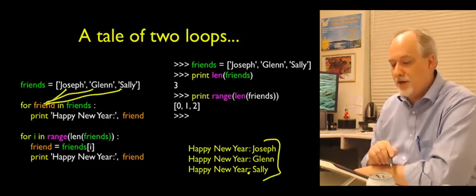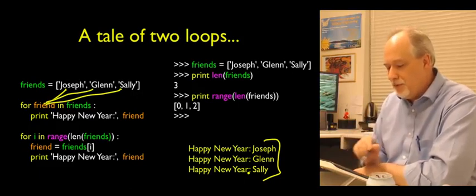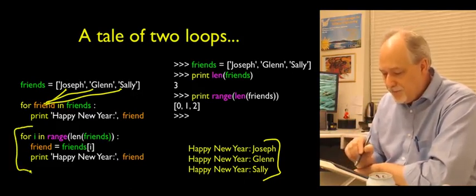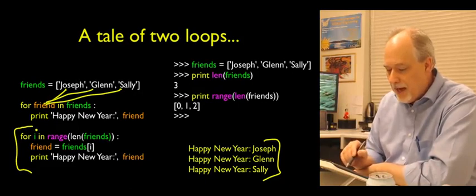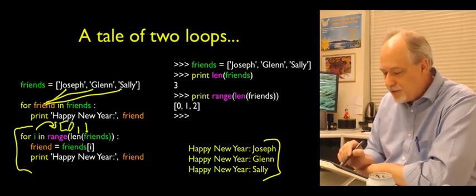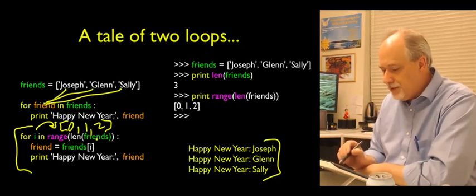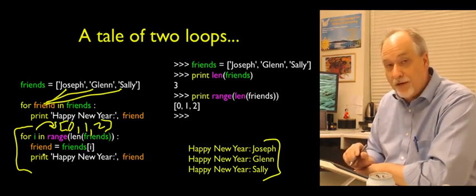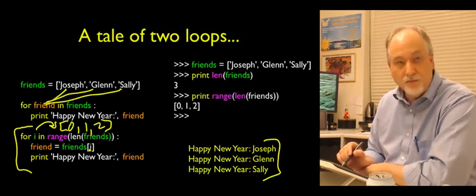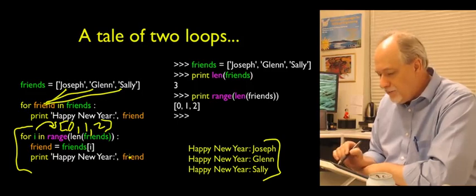If we also want to know what position we're at as the loop progresses, we can rewrite the exact same loop a different way and make i our iteration variable and say i in range len friends. That turns this into 0, 1, 2. And then i goes 0, 1, 2. And then in the loop, we can look up the particular friend we're interested in using the index operator, friends sub i, and then print Happy New Year.